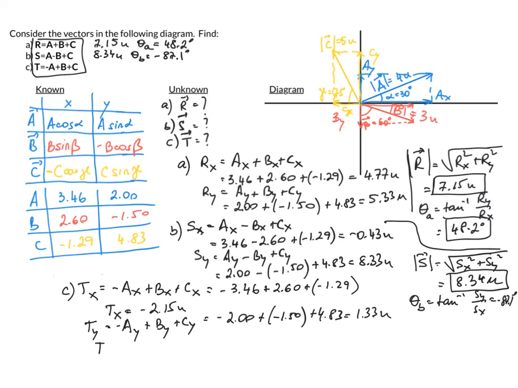To solve for t, that's the square root of t x squared plus t y squared. And when we plug in the numbers, we end up with 2.53 units. And the angle theta sub c is going to be the inverse tangent of the y component, so that is 1.33 units divided by the x component, which is negative 2.15 units.